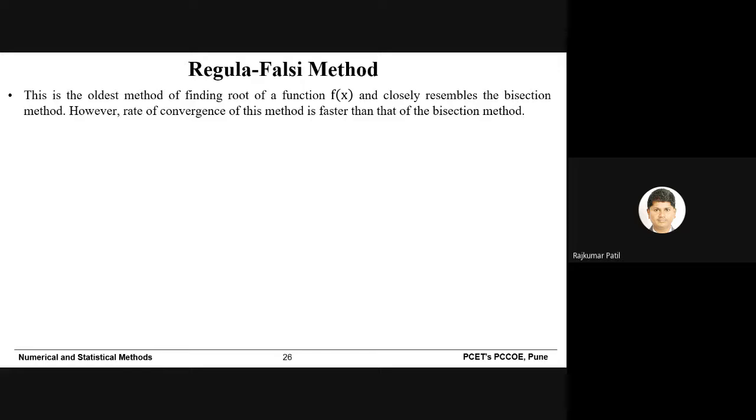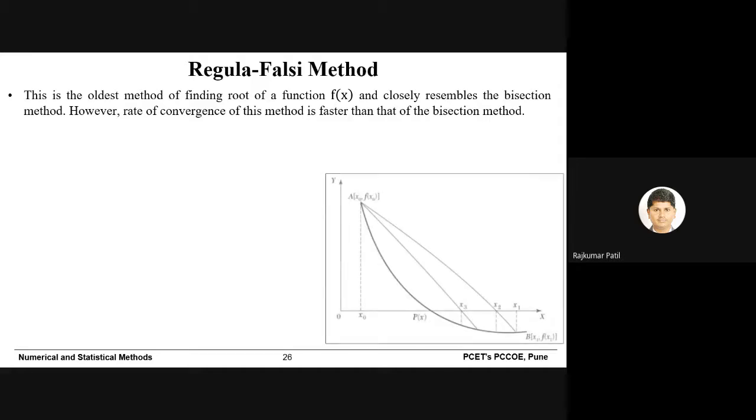And if you compare the rate of convergence, then in most problems the regula falsi method gives faster results as compared to the bisection method. So with this introduction, we will start with the mathematics.